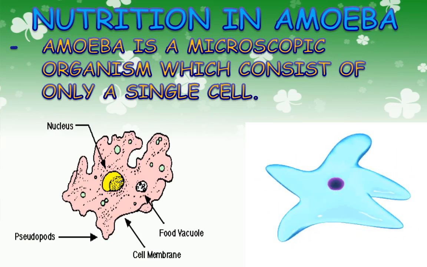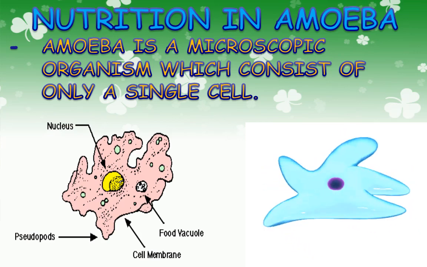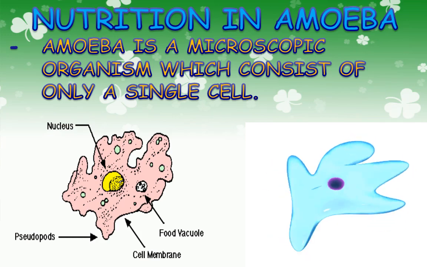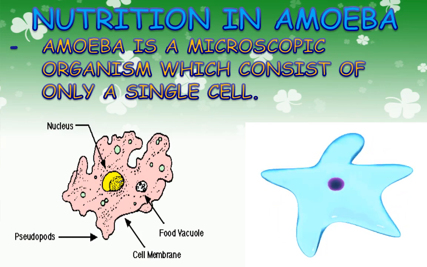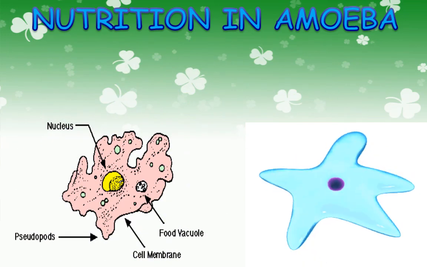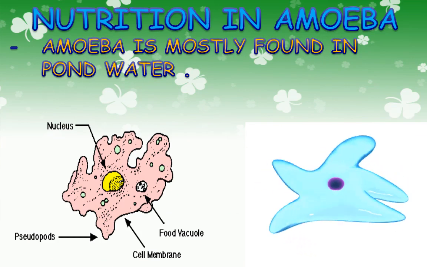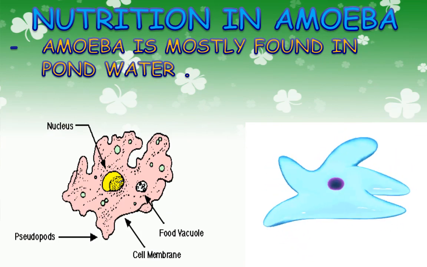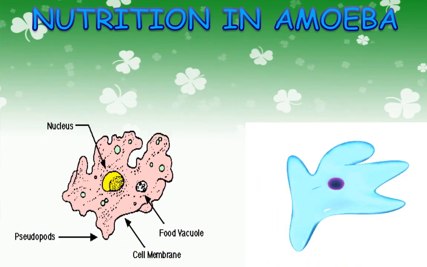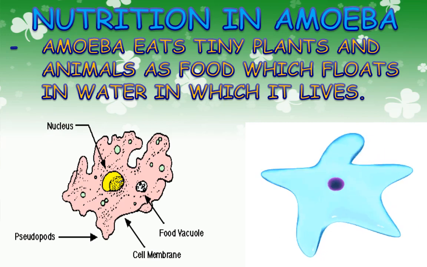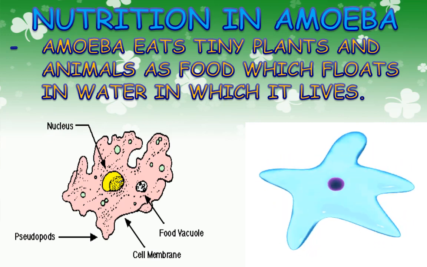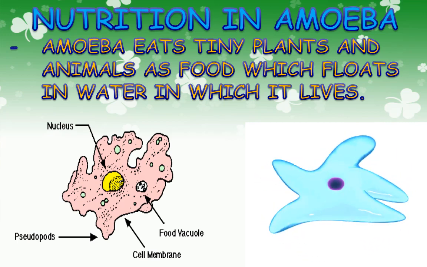Microscopic organism means it is so small that it cannot be seen through naked eyes. We need a microscope to observe amoeba. Amoeba is mostly found in pond water. Amoeba eats tiny plants and animals as food, which float in the water in which it lives.